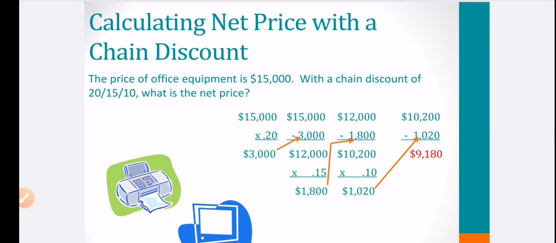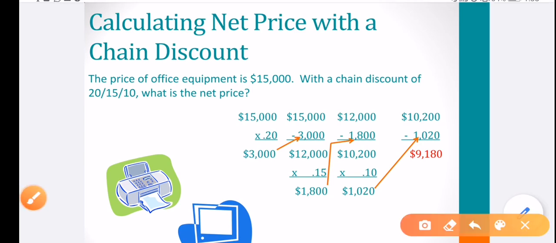Okay, so let's take this example and see how it works. The price of office equipment is 15,000 US dollars with a chain discount of 20%, 15%, 10%. What is the net price? So we start with the first discount. We take this 15,000, multiply it by the 20% in order to get the discount amount.